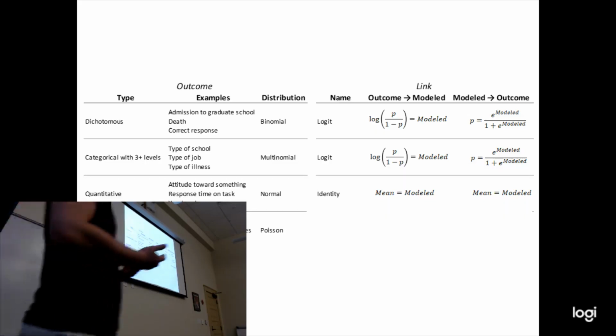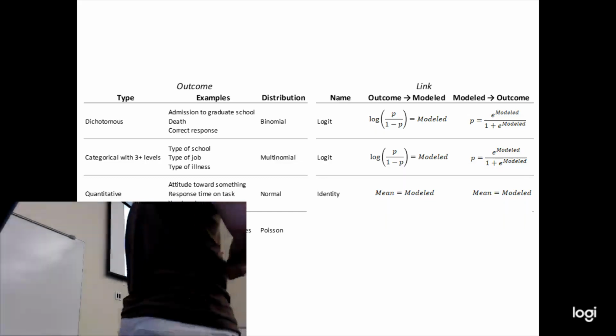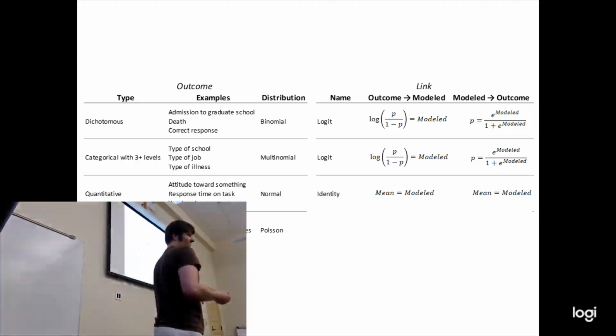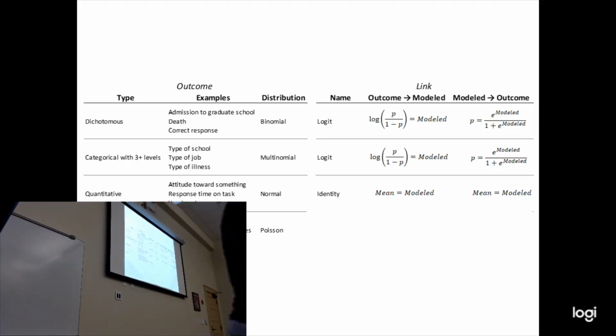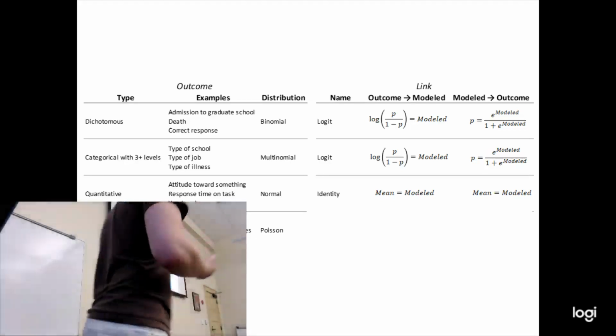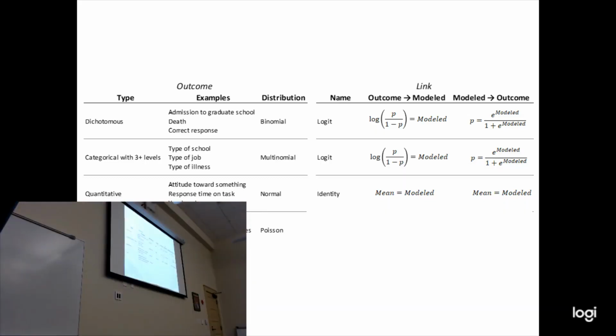Another very common kind of outcome that you might encounter when doing research is a count. So the number of new hires that a company makes. In ecology, often researchers are interested in species abundance, or the number of animals observed at a site, or if you're analyzing web-based data, you might be interested in the number of clicks that a link gets versus maybe another link.